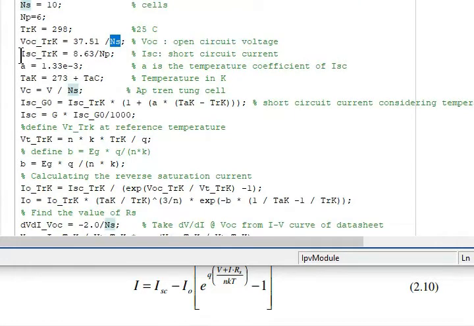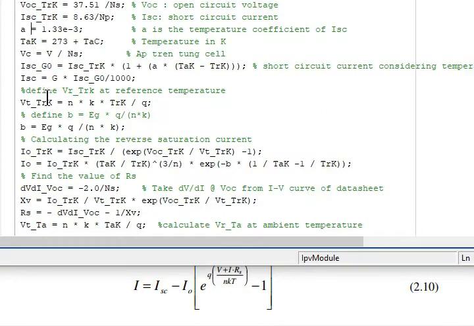Similarly, the short circuit current of an individual cell will be equal to the total short circuit current of that PV module which we are simulating, divided by the number of parallel cells. A is the temperature coefficient of the short circuit current, the ideal current being generated by the PV module.